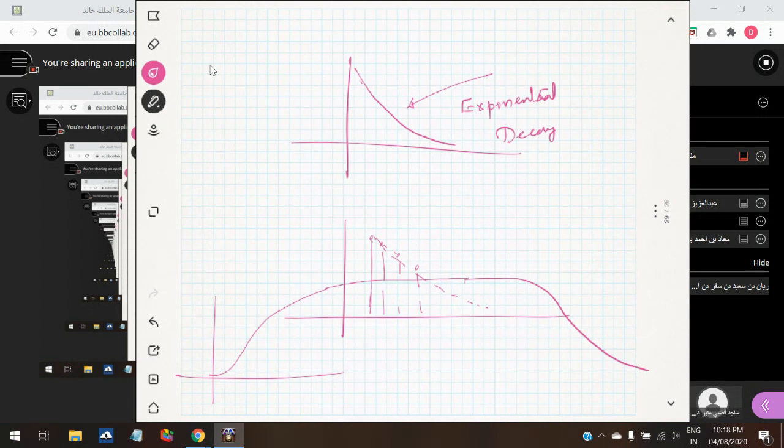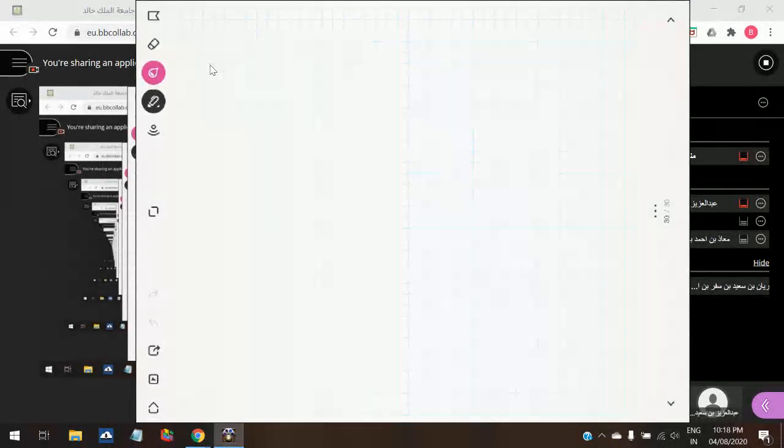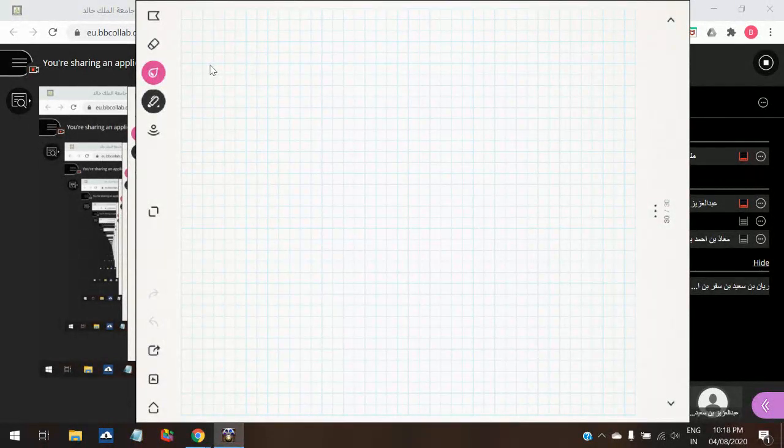According to different factors, if the vaccine is introduced or some other forcing parameters are there, the time constant will be very high. Very high time constant means it will decay very fast. So the time constant will depend upon whether you are introducing the vaccine to control it, or keeping social distance, a lot of parameters.